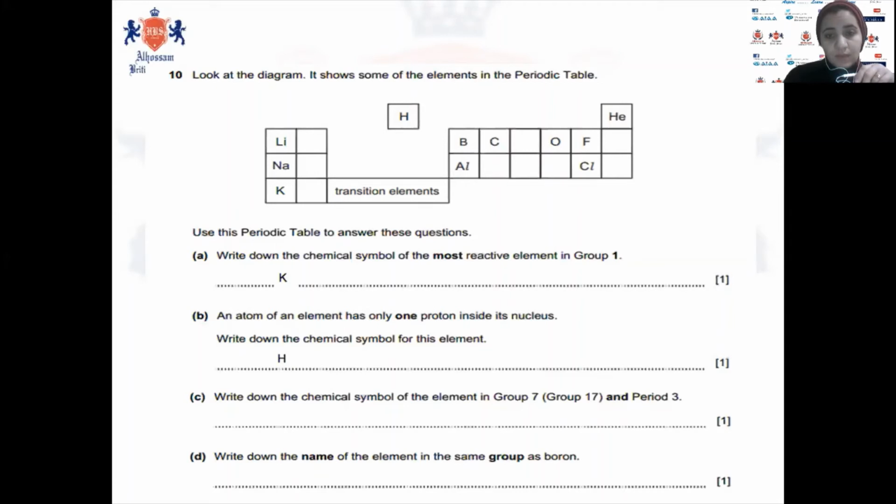Cl. Excellent. Write down the name of the element in the same group as boron. Al. He asked you for the name, not the symbol, so you have to write aluminium.